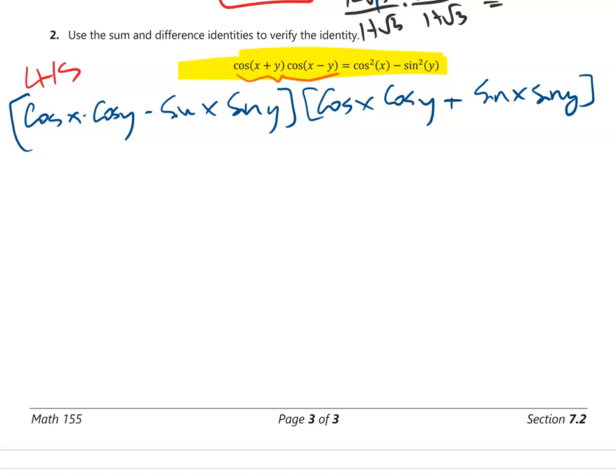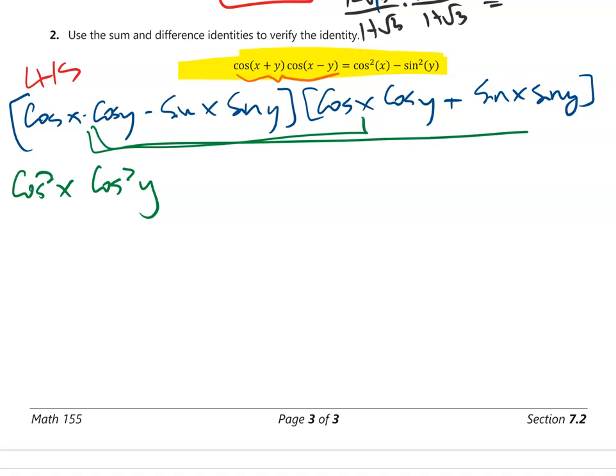So if you multiply these two terms here, that's going to be cosine squared x cosine squared y. If you multiply this and this, it's going to be plus cosine x cosine y sine x sine y.